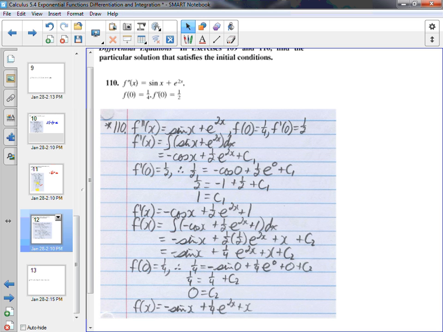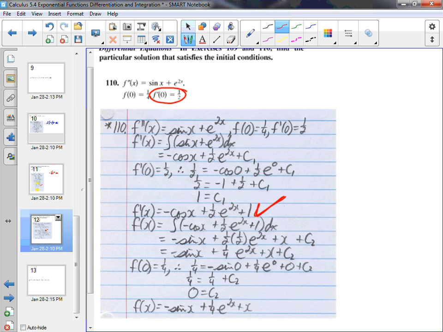If you start with f double prime, take its integral, you'll get f prime. Use what they tell you about f prime, and you'll change your general solution of f prime into a particular solution of f prime.